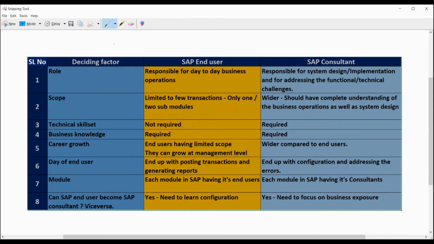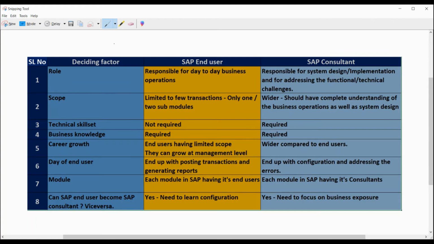They can start as a data entry operator and grow to the next level with limited scope. The speed of growth is very slow compared to an SAP consultant. To become a manager, senior manager, or general manager, a lot of experience is required at end user level, so he needs to build that experience.